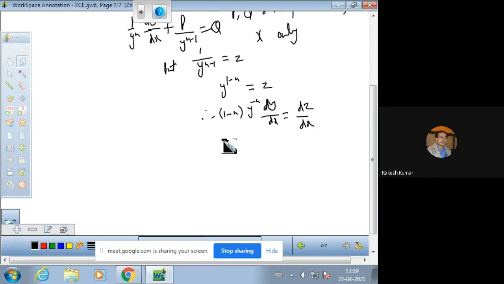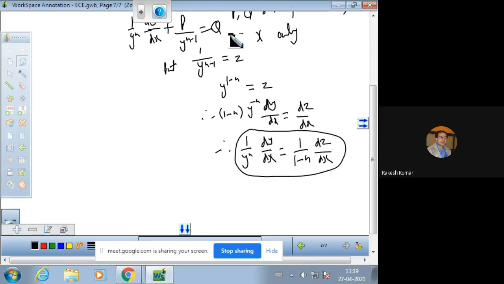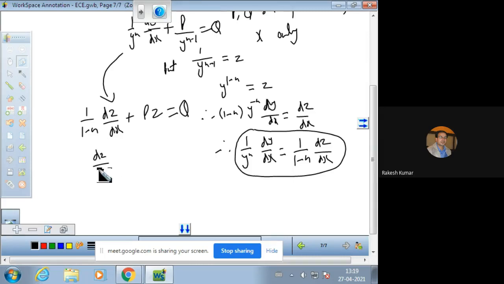So this can be written as 1 over y raised to power n dy by dx is equal to 1 over (1 minus n) dz by dx. और ये जो वैल्यू है अब आप इक्वेशन में पुट करिए, and from this equation you will have 1 over (1 minus n) dz by dx plus Pz is equal to Q. So dz by dx plus P into (1 minus n) into z is equal to Q into (1 minus n).